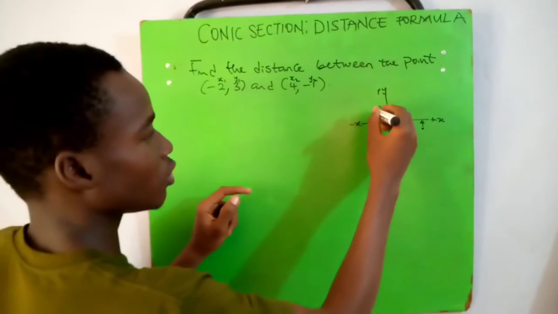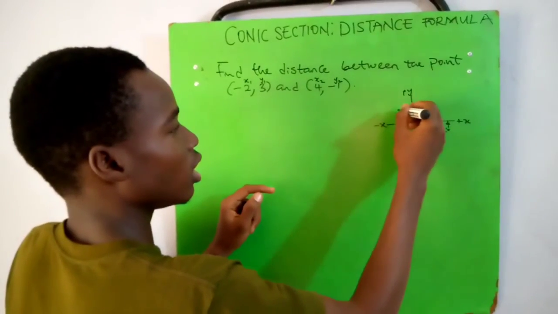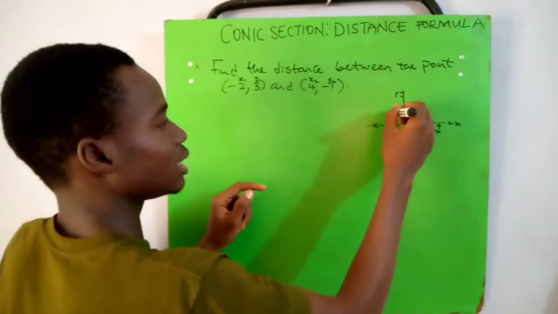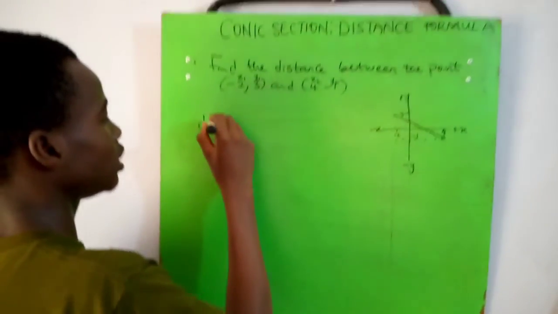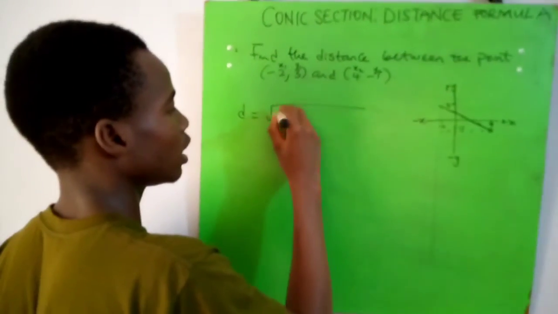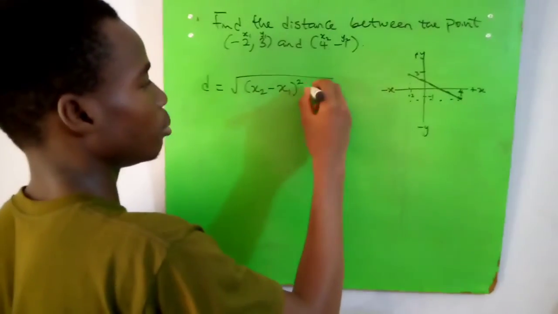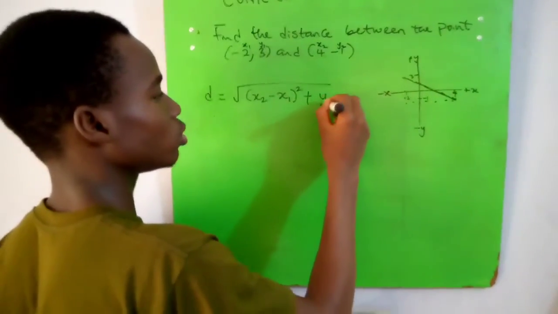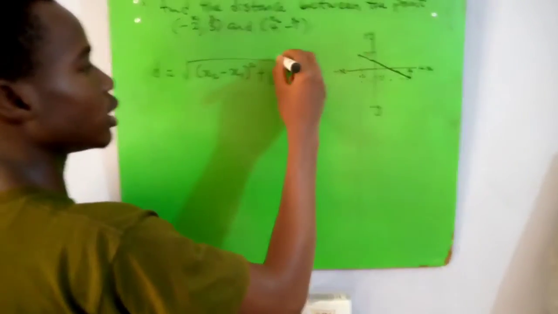So from here we can get a triangle, and we are asked to look for the distance between these 2 points. Now we have the distance. It will be d equal to, remember our formula, the square root of (x2 minus x1) squared plus (y2 minus y1) squared.